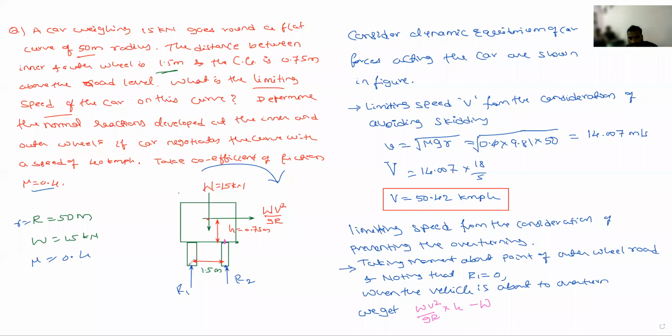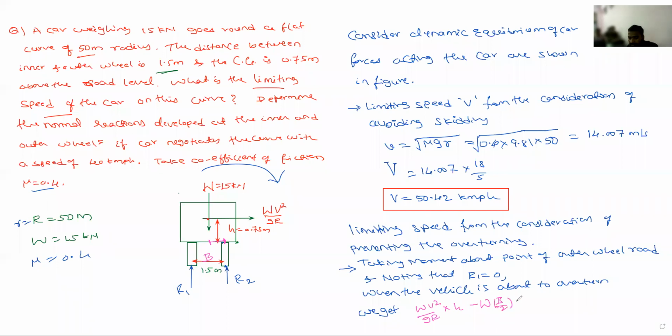What is the formula? W, and if I take the center to center distance as B, W is acting at exactly B by 2. If the center to center distance between the wheels is B, and weight is acting exactly at the center of the vehicle, then the distance between this weight and this wheel is B by 2. Then W into B by 2, is it correct?